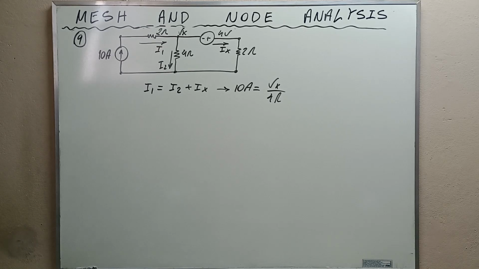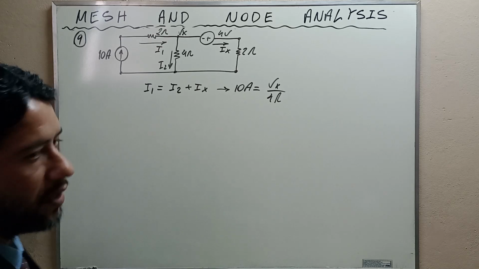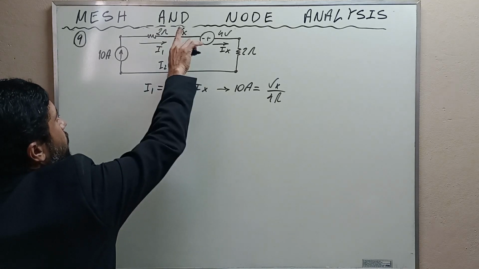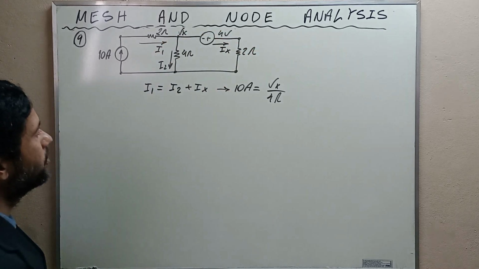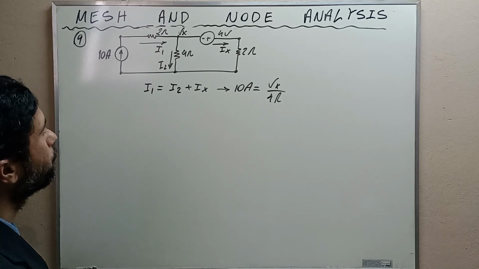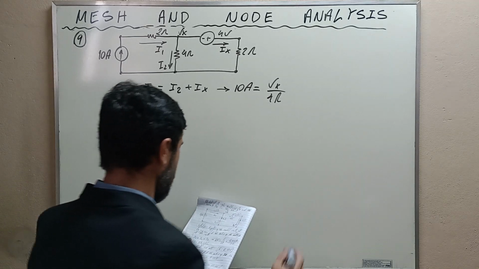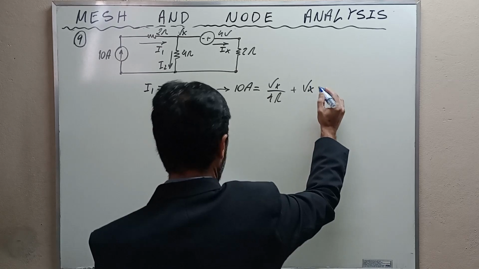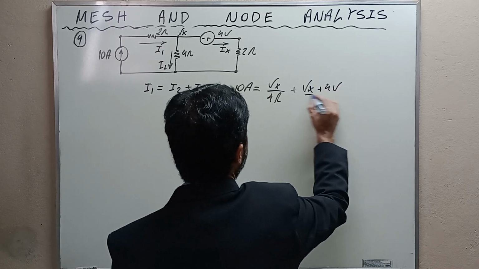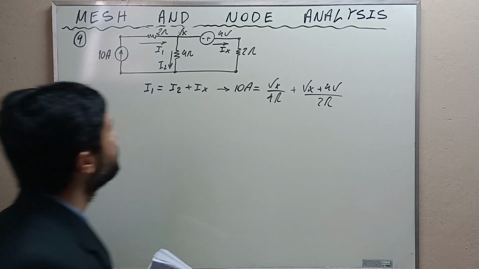Subsequently, we calculate Ix, and Ix will be written in terms of the voltage source and the voltage at the node. Observe that it is additive, okay? This voltage here is additive to this voltage here. Then Ix is Vx plus 4 volts divided by 2 ohms.